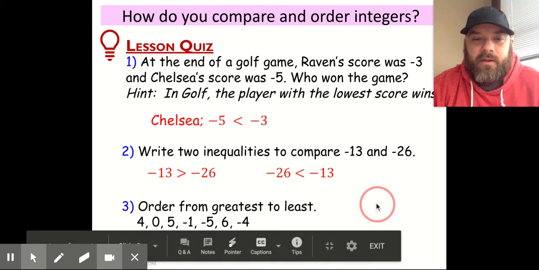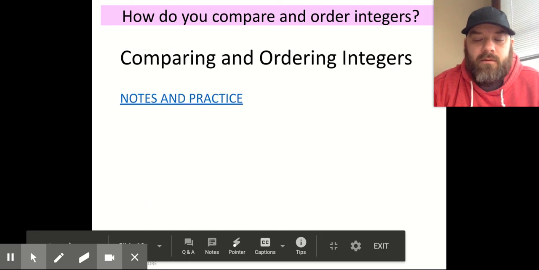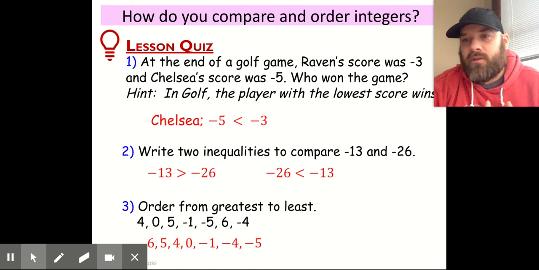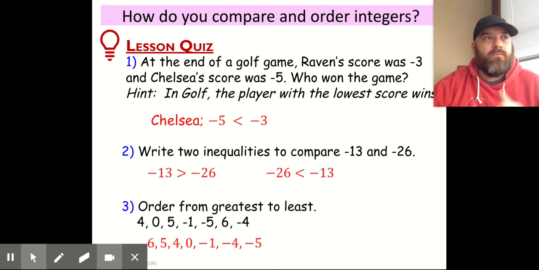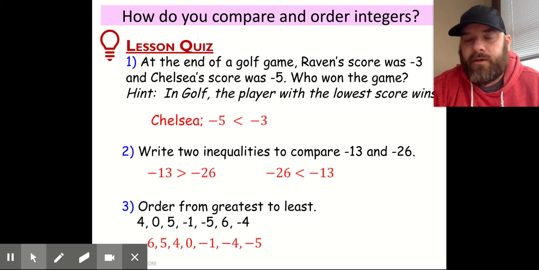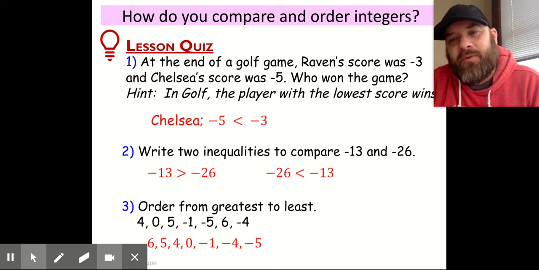Let's see if I got that right. Kind of did it in my head there. So that was a little different thinking. We're flipping it around. A little trickier. Hopefully it makes sense though. Again, ask Richie or Miss Freeland if you have any questions on this.